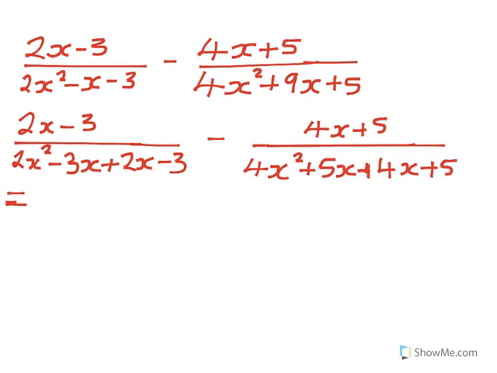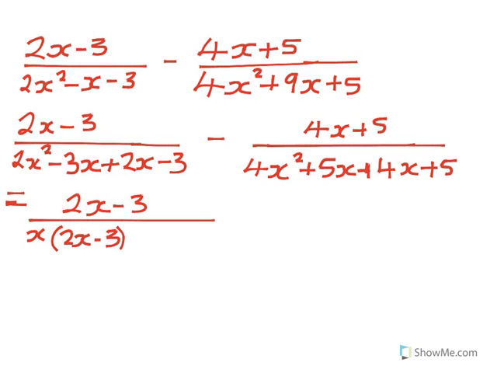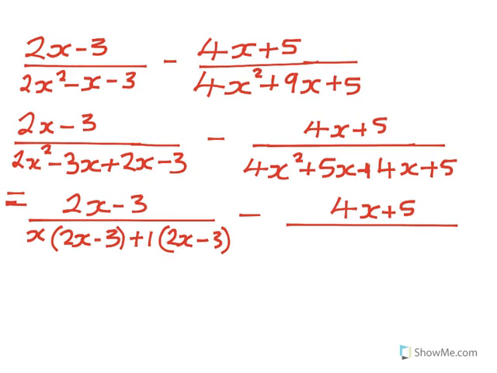Now we continue factorizing. So you're going to have 2x − 3 over, what is common in the first two is x, then you have (2x − 3) plus 1, which is 2x − 3. Minus, then you've got 4x + 5 over, what is common in the first two is x, then (4x + 5) plus 1, which is 4x + 5.